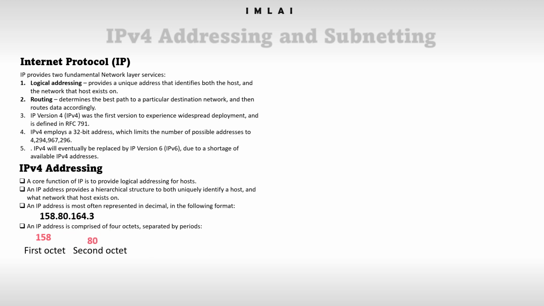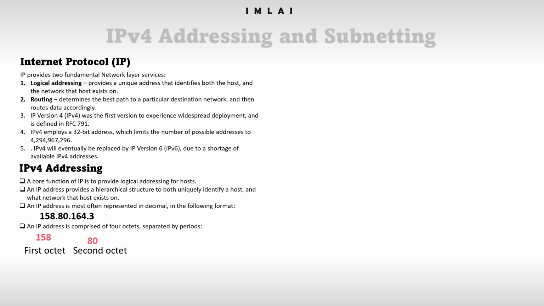Each octet is an 8-bit number, resulting in a 32-bit IP address. The smallest possible value of an octet is 0. Each octet consists of 8 digits, so if all 8 digits are zeros, then obviously the value would be 0.